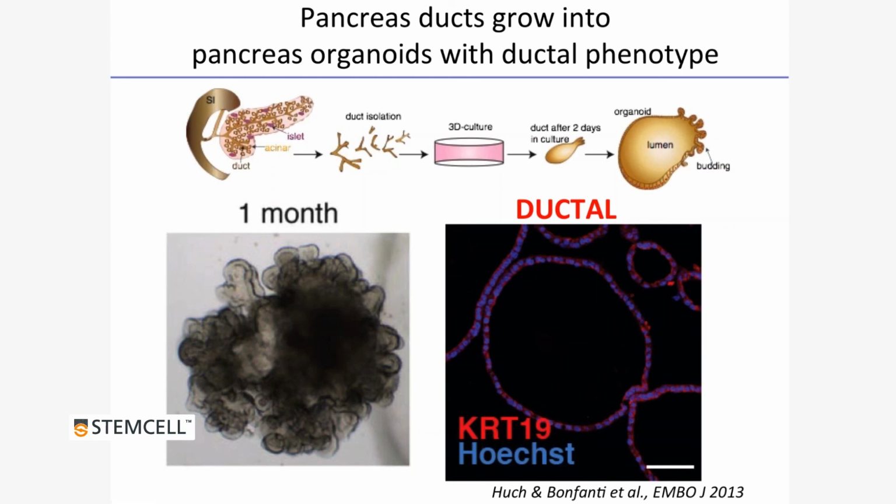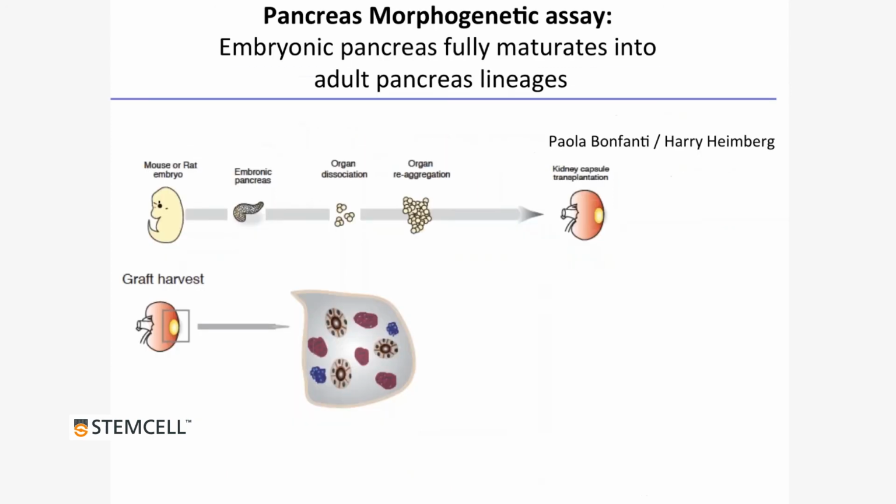Then we asked the question, can we differentiate these cells in culture into an endocrine phase? In vitro, we have not managed to do that, but we asked what would happen if we do it in vivo. For that, Paola Bonfanti in Harry Heimberg's lab helped us very much in generating these in vivo experiments.